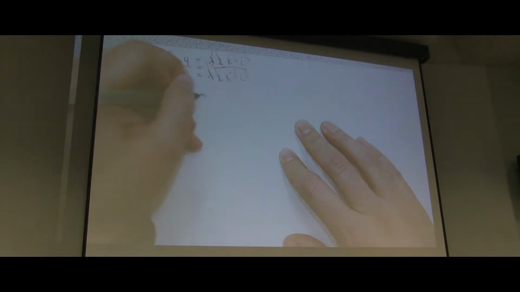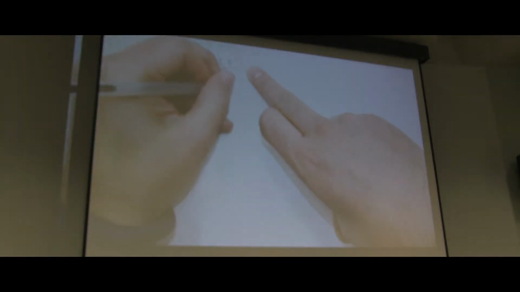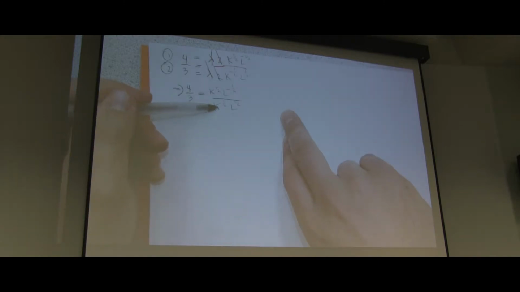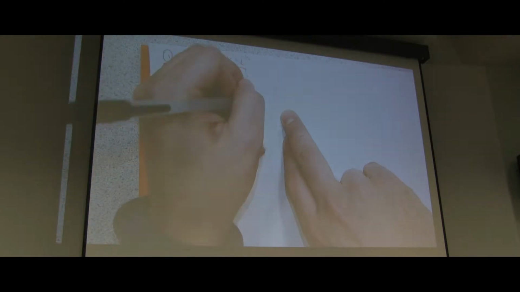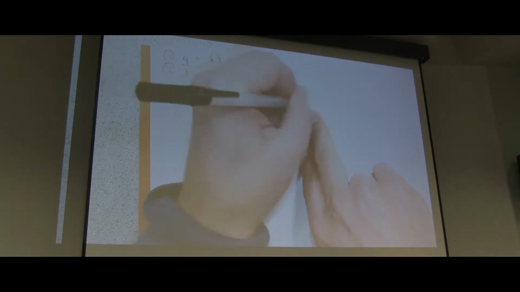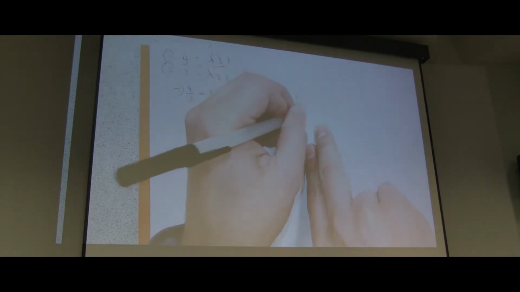4 divided by 3 equals 2 k to the 1/2, L to the minus 1/2 on top, k to the minus 1/2, L to the 1/2 on the bottom. Bring the k to the minus 1/2 on top, the L put on the bottom, and you get k to the 1/2 times k to the 1/2 divided by L to 1/2, L to the 1/2.